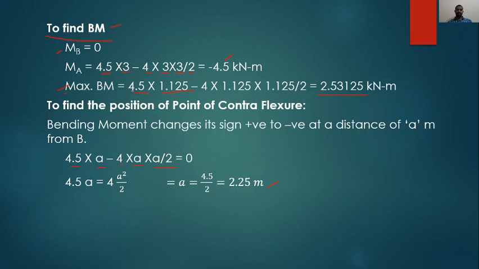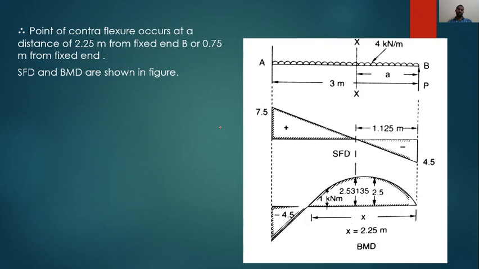Now we have every value at salient points as well as the point of contraflexure, and with this we can draw the shear force as well as bending moment diagram.